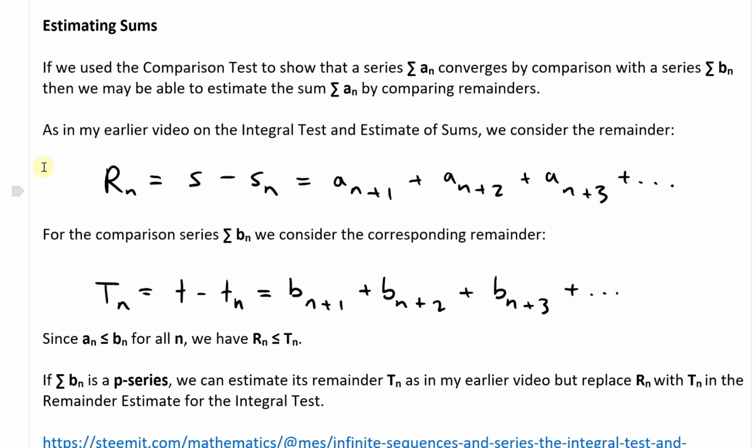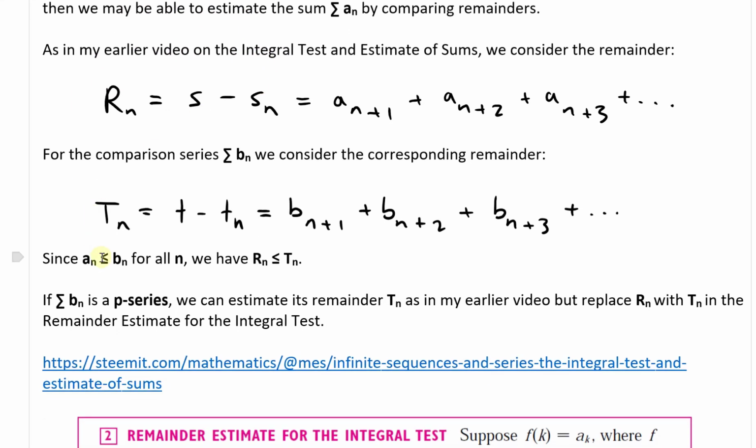Now, since we're dealing with the comparison test, we know that it's convergent by the comparison test. Since the An terms are less than or equal to the Bn terms for all n, the remainder is also going to be less than the remainder here, because these terms are all less than it.